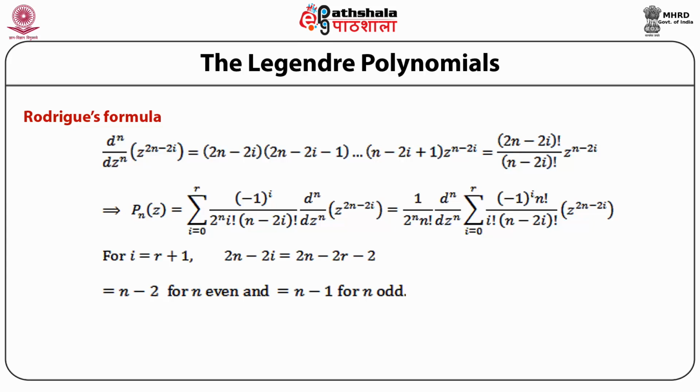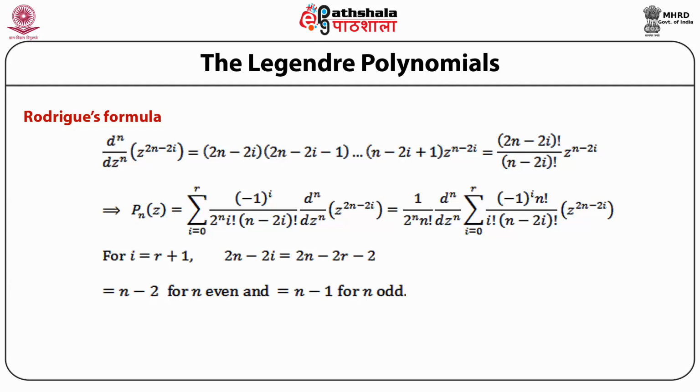n! multiplied by the nth order derivative with respect to z of the summation over i going from 0 to r of (-1)^i n! z^(2n-2i) divided by i! (n-2i)!.